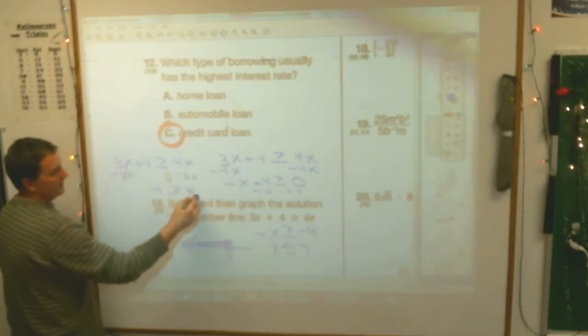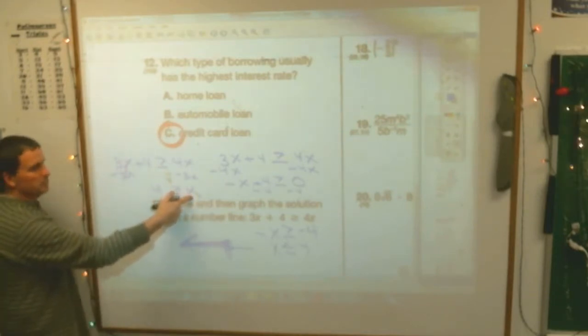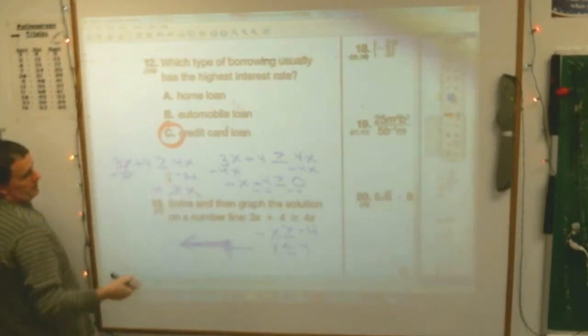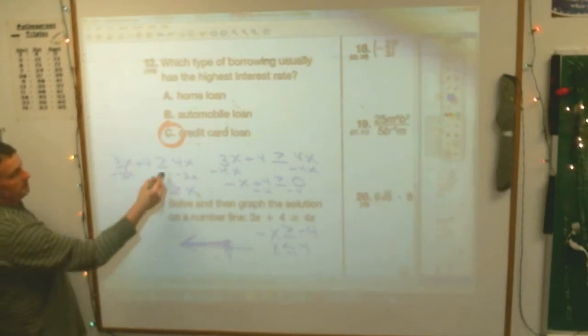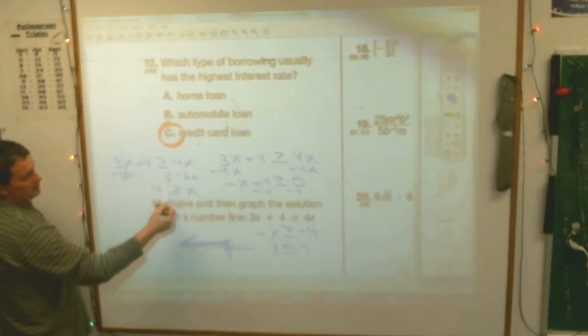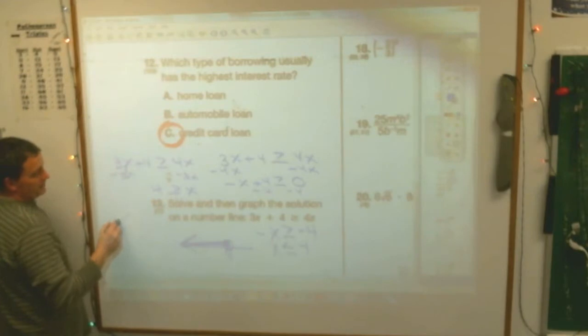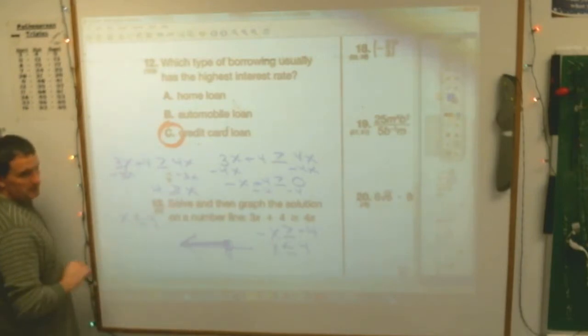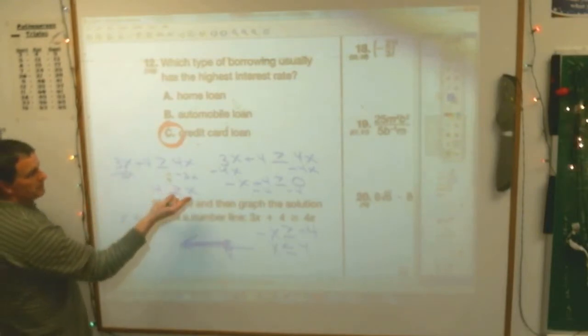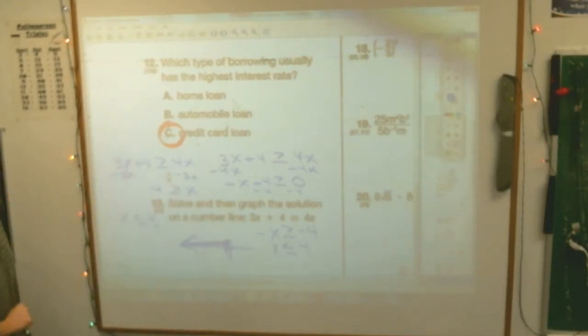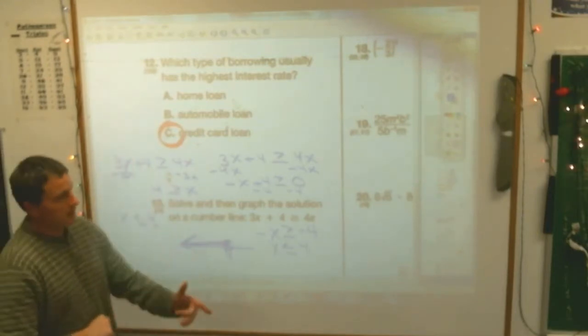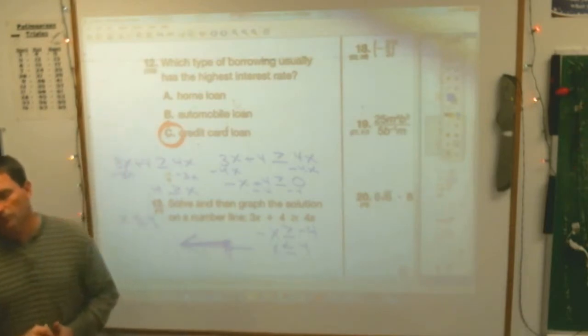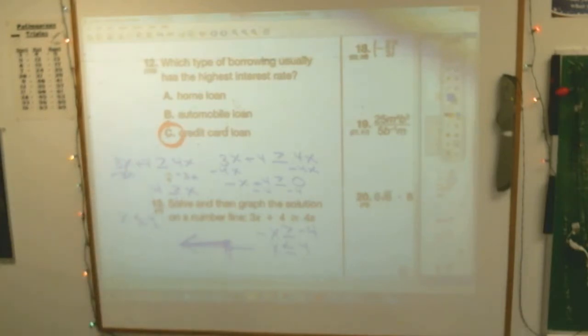You are not allowed to have the x on that side, so you have to move it over here. When you do that, you must think about there being like a little axis of rotation. When that x comes over here, that also changes the sign to its opposite. So it's like it's on a little swivel thing, and that would change it to the other side. Either way, you're going to end up with this, whichever way you feel more comfortable with.